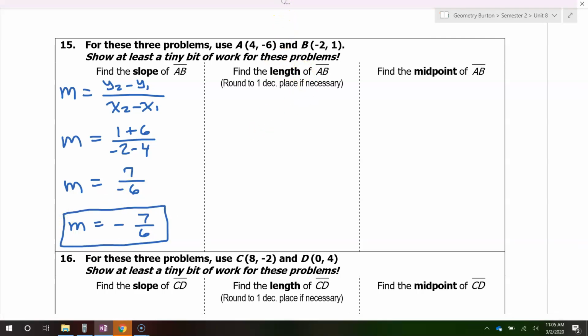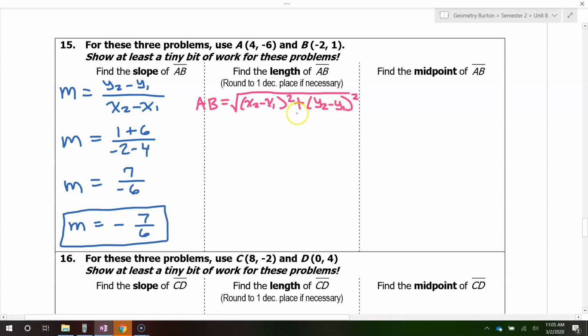All right, next we need to find the length of this segment. There's a couple ways to look at it. There is a distance formula. So AB will equal the square root of x2 minus x1 squared plus y2 minus y1 squared.